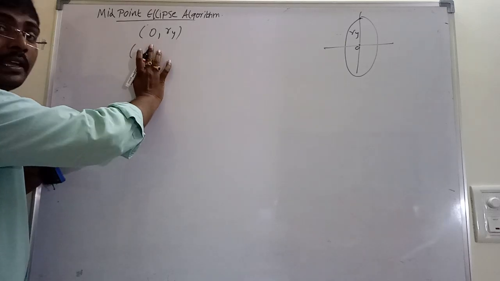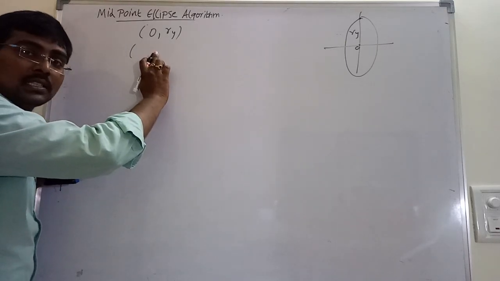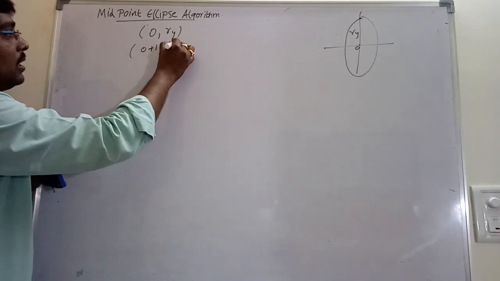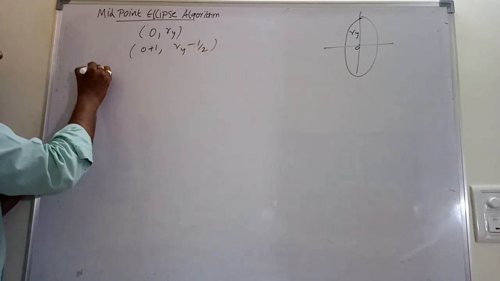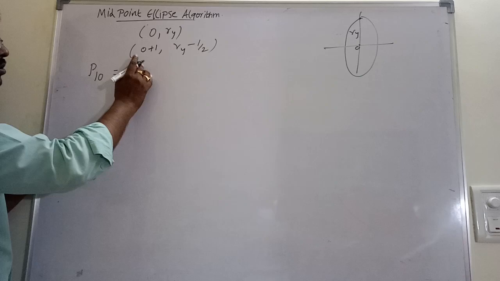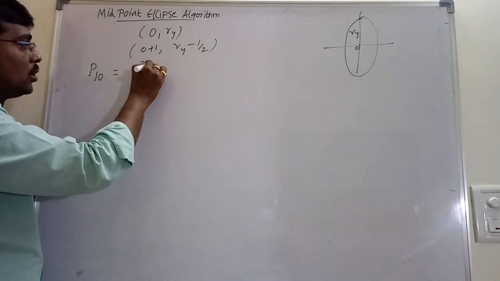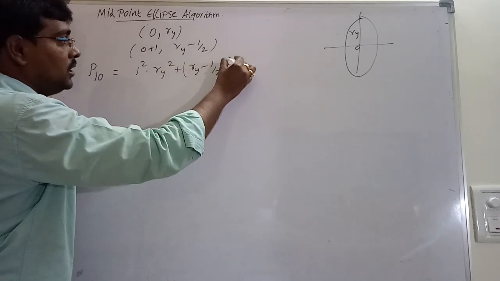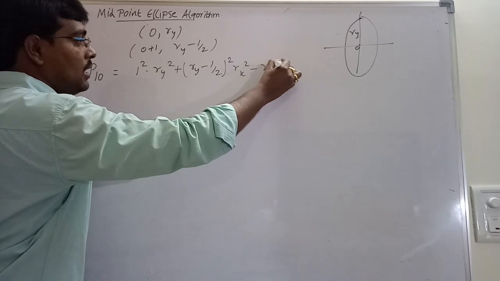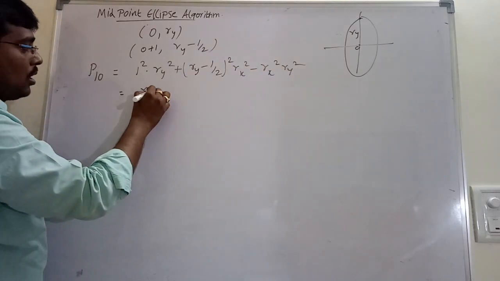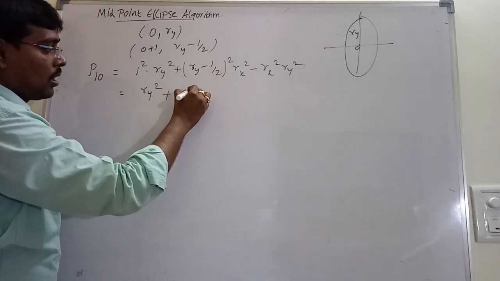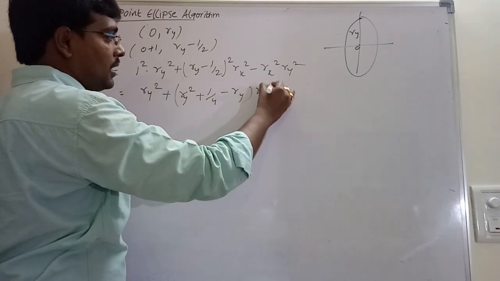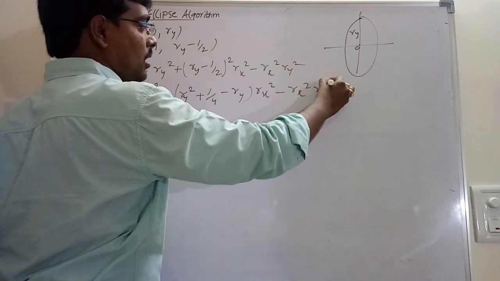So the midpoint is (xk+1, yk minus half), that is (0+1, ry minus half). So the initial decision parameter P0 is equal to x square into ry square plus y square into rx square minus rx square ry square. So ry square plus (ry square plus 1 by 4 minus ry) into rx square minus rx square ry square.